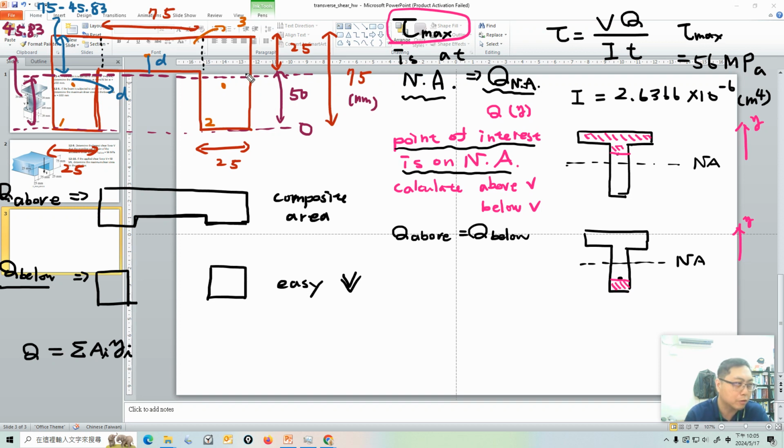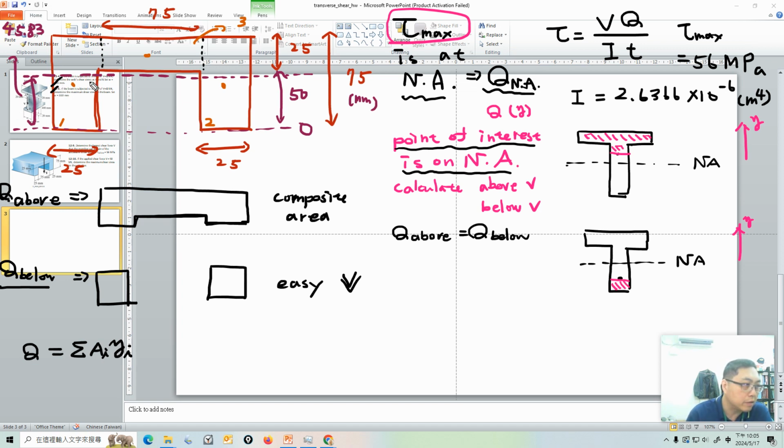Be careful. So what's our area? We want to calculate Q below, so it's the summation of A_i Y_i. What's our A? You have to be careful. The A is here.